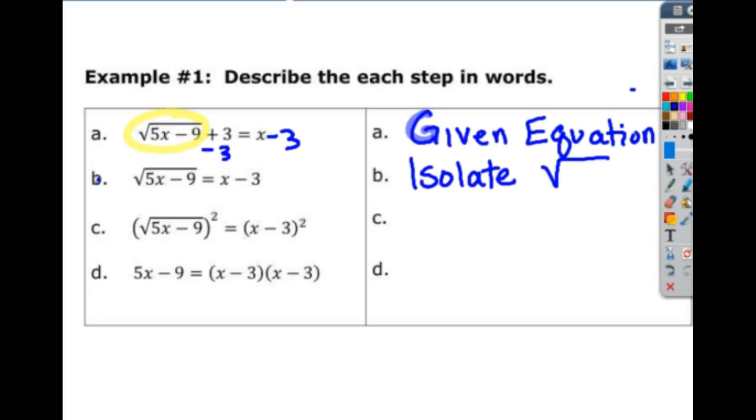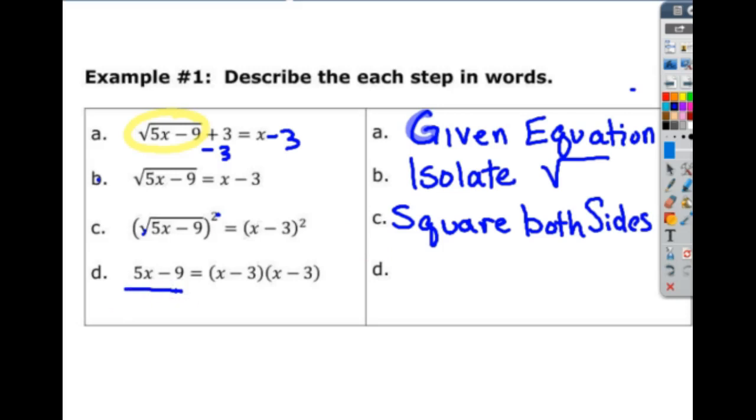And then, as it says right here on the front of your notes, the next thing to do is to square both sides of the equation. When you square both sides of the equation, the square and the square root cancel each other out. And that's how you get this without a square root.